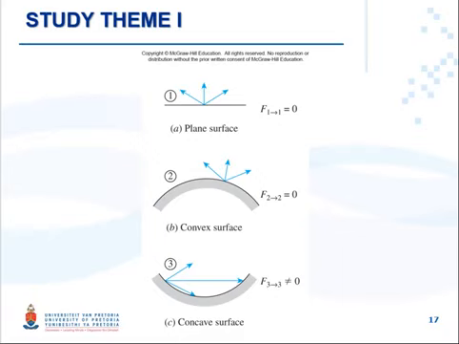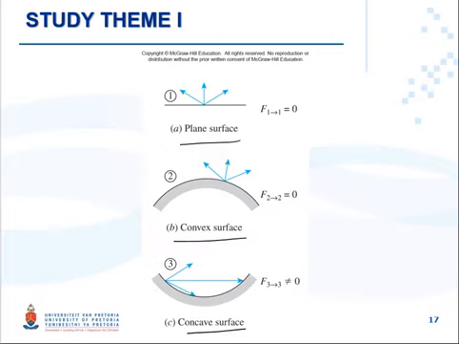If you remember, I told you that beside those rules we need to give special attention to the self-view factors. Basically we have 3 different kinds of surfaces based on their geometry. The surfaces are either plane, convex, or concave.